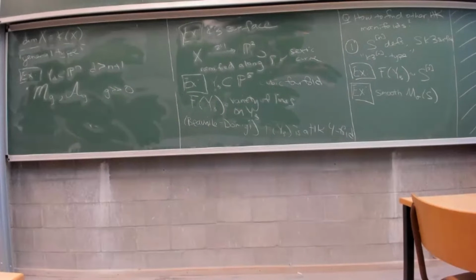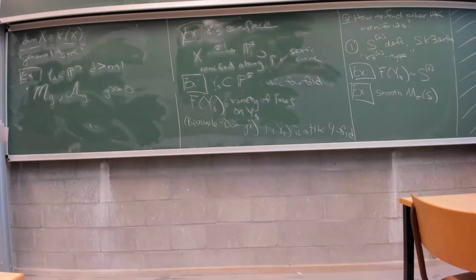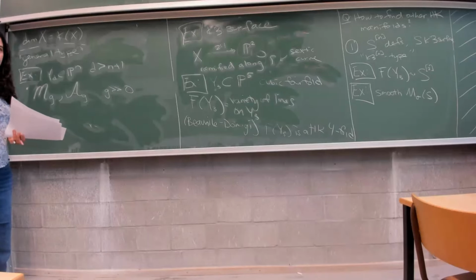With deformations, what do you mean? Like, how do you deform? Do you deform it as a scheme? Over a line? Not necessarily over a line. You pick a direction of the tangent bundle.